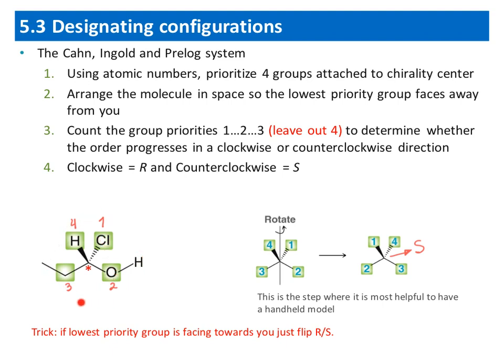Look at the movement of my cursor. It is clockwise. Now, because the lowest priority is pointing toward us, you need to flip that. The movement is clockwise, which means R. Now I need to flip it, so the chirality center is S. Okay?